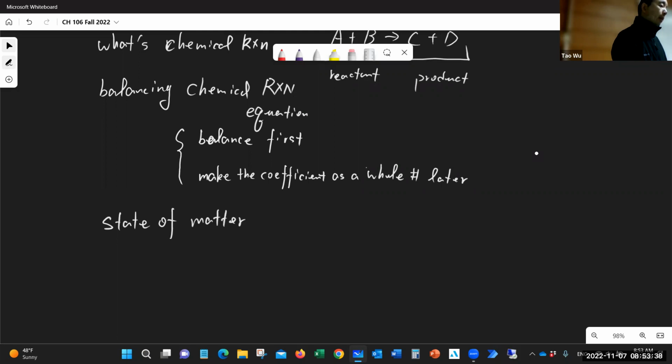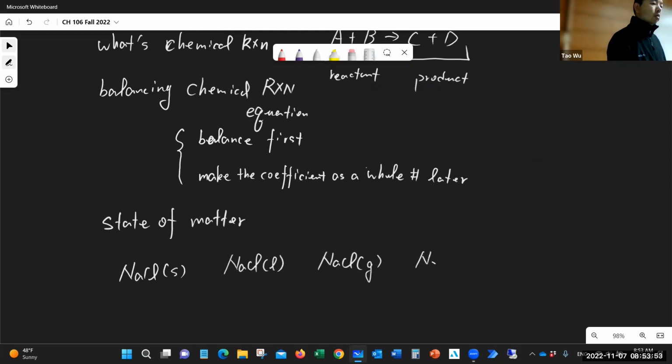Like sodium chloride: this state can be solid, sodium chloride could be liquid, sodium chloride could be gas, or sodium chloride could be aqueous. So the different states give you different meanings, although these are all the same compound.